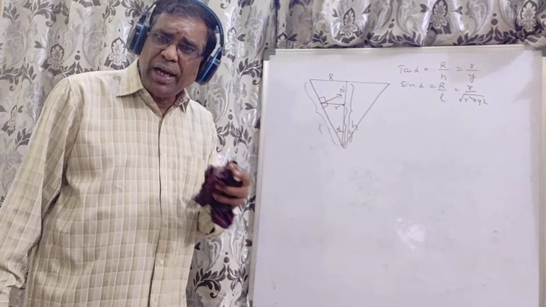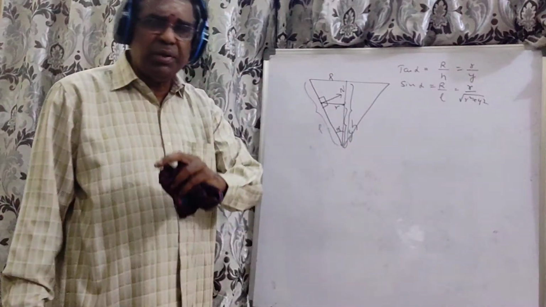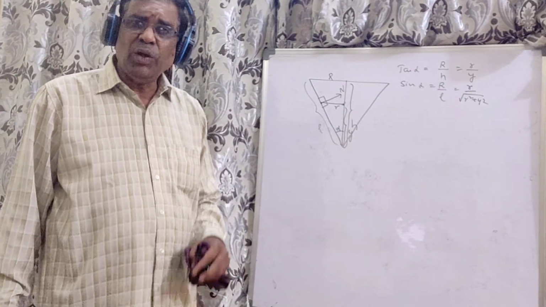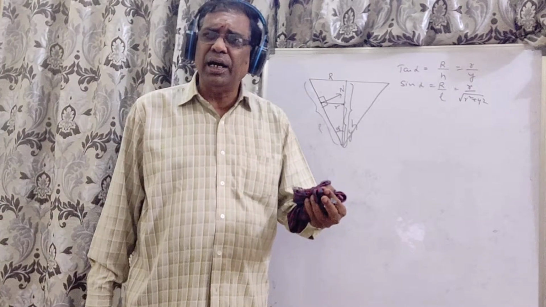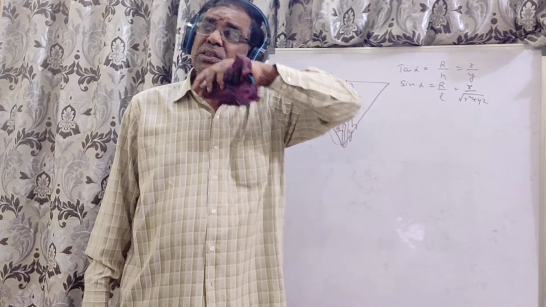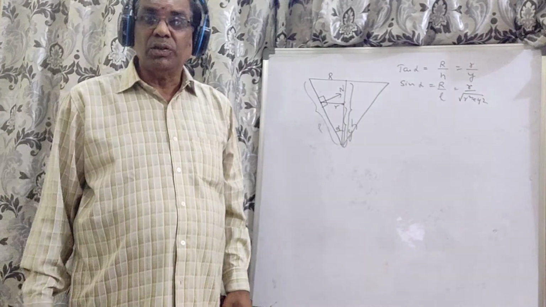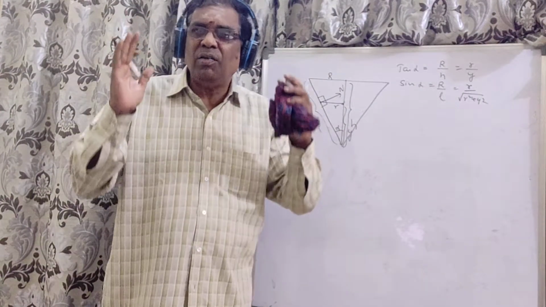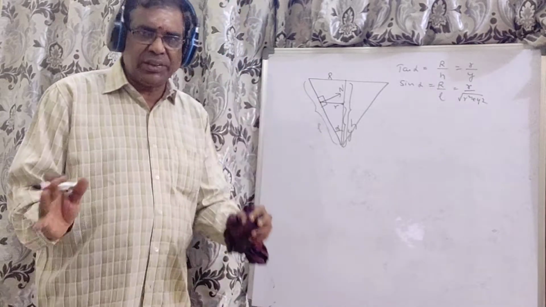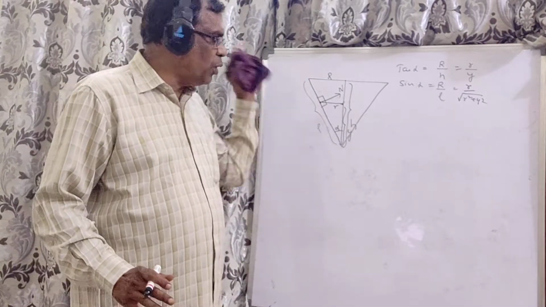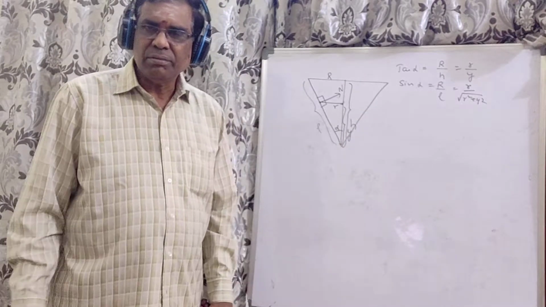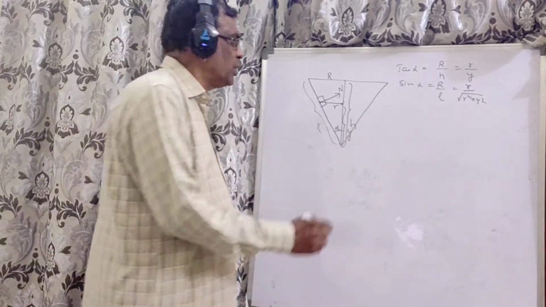Now you have to have a minimum omega for the body not to slide down. And you have to have a maximum omega for which the body cannot slide up. So there is a range of omega values for which this body would be stationary. What is that range? I hope you have understood my point.